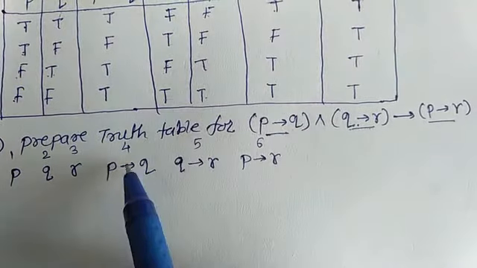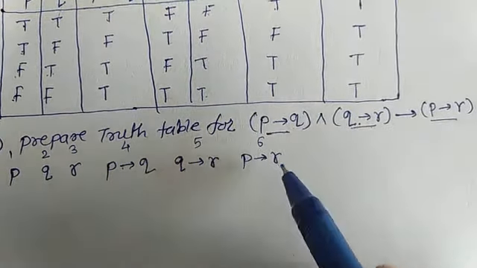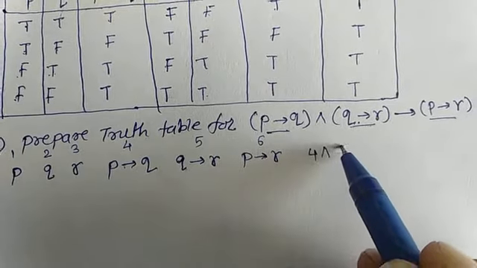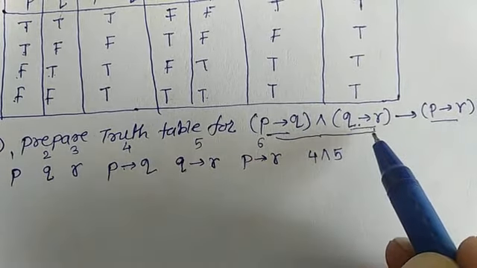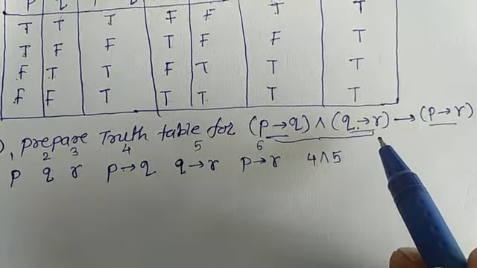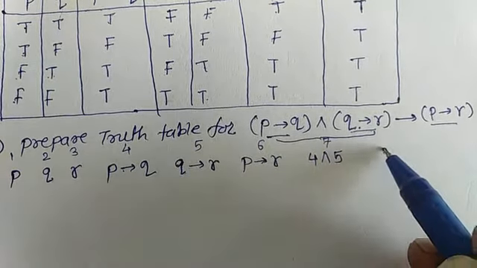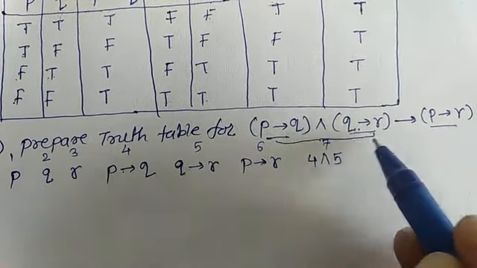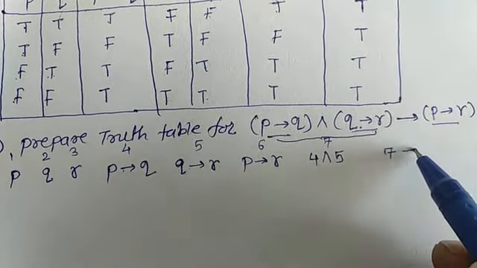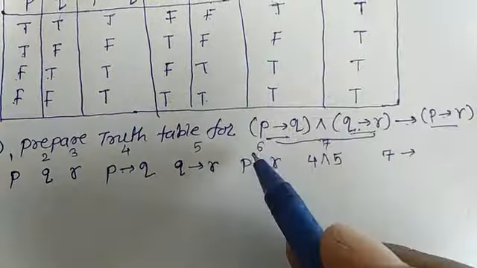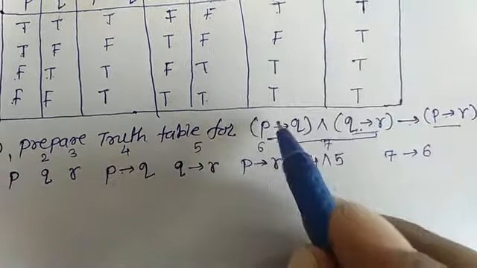P implies Q is column number 4 and Q implies R is column number 5, so you have to find the AND of 4 and 5, and write its result in column 7. Then take 7 implies column 6, where column 6 is P implies R, which will be the total calculation of the proposition.